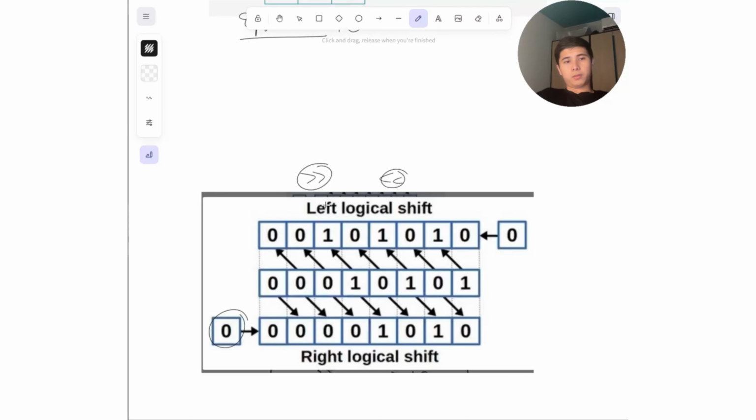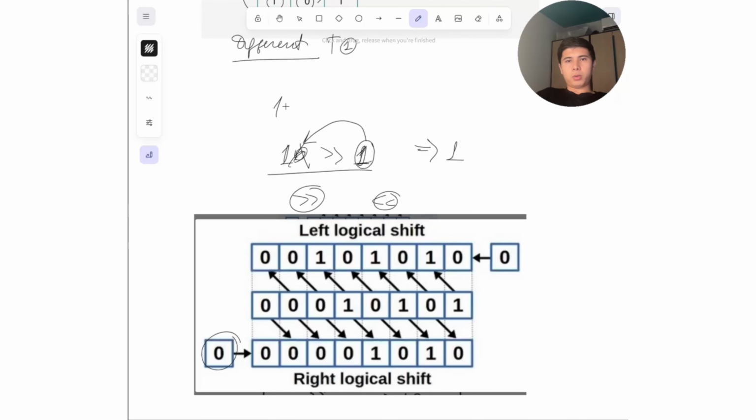For instance, for the right shift, we have, for example, 10, or 1 and 0. This is a bit pattern, actually, not a number. When we want to shift it by one bit, as a simpler understanding, we can just remove the bit from the right. Then it becomes just a 1.